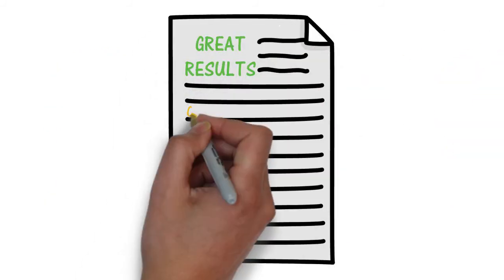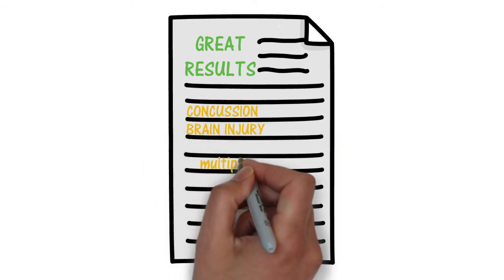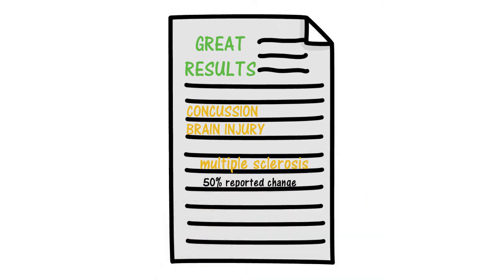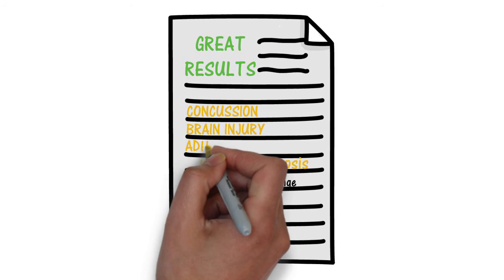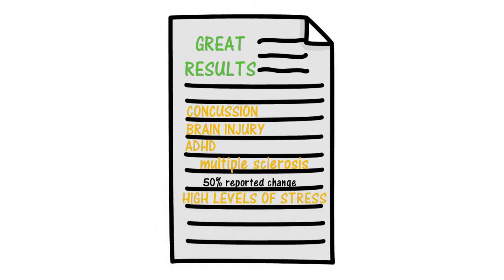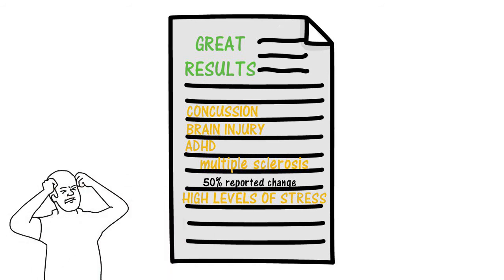We've also seen wonderful results with concussions and traumatic brain injuries, with some multiple sclerosis patients, though about half have experienced no change at all, with children with ADHD, with first responders experiencing high levels of stress, with people frustrated by their aging brains, whether or not they've been diagnosed with a specific condition.